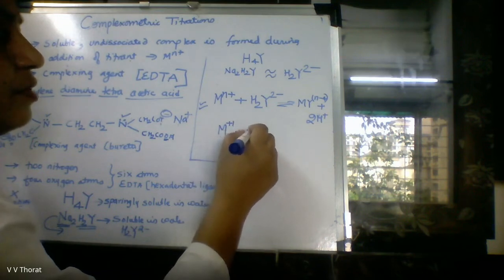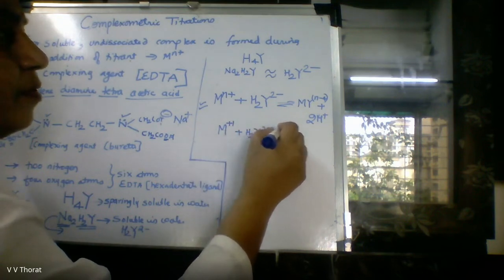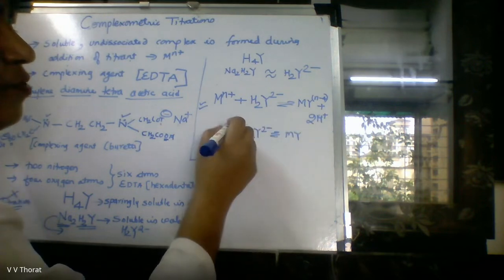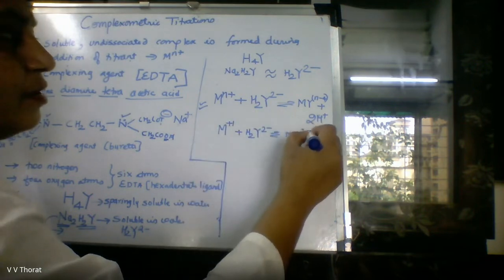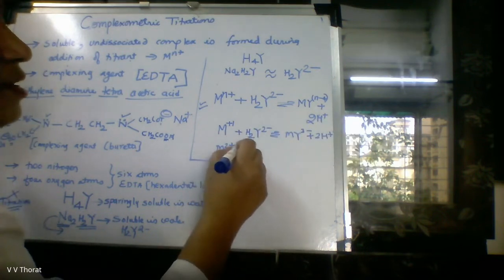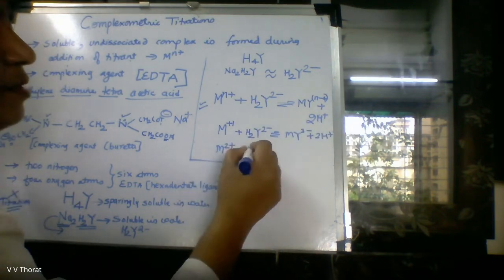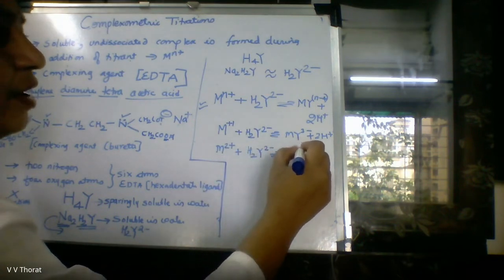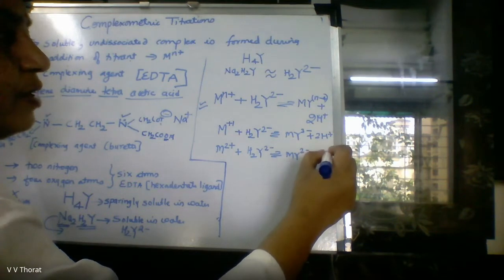My reaction will be MYn minus 4. What is n? 1 minus 4, so 3 minus, plus 2H plus. If I take a divalent metal ion, what will come in the divalent case? H2Y2 minus gives MY 2 minus plus 2H plus.